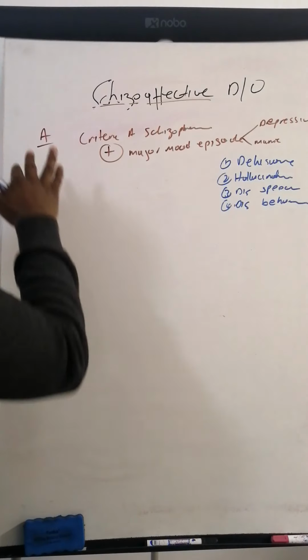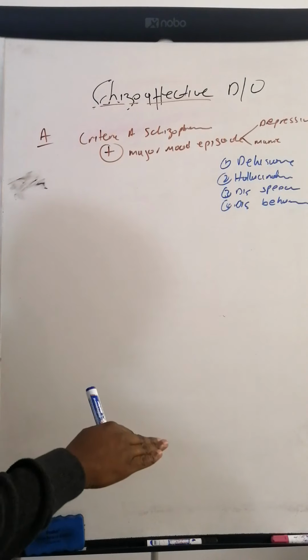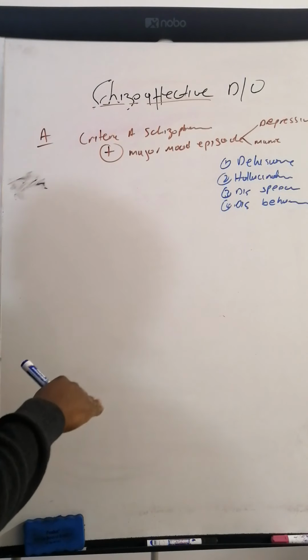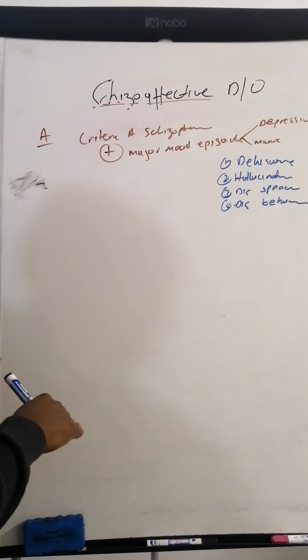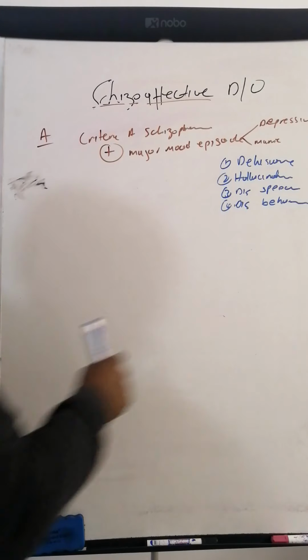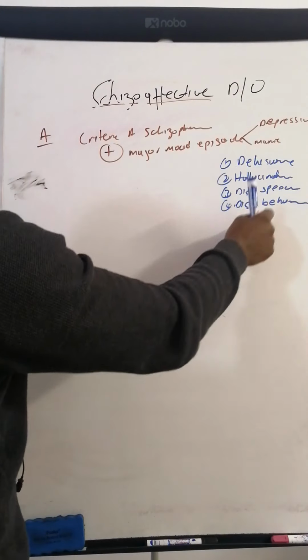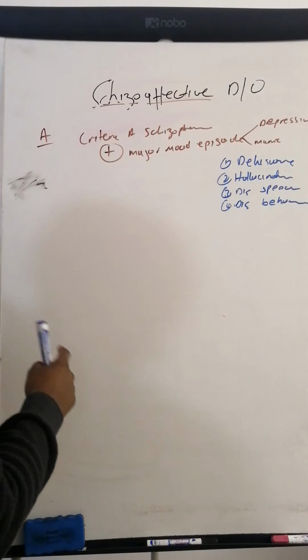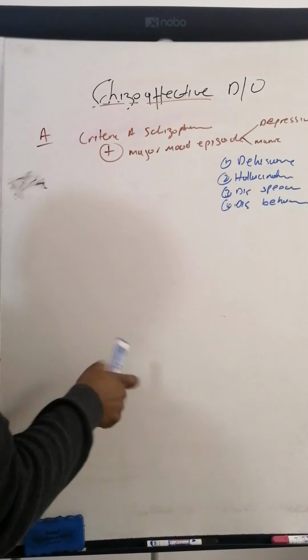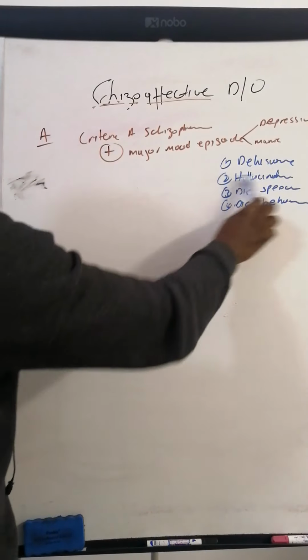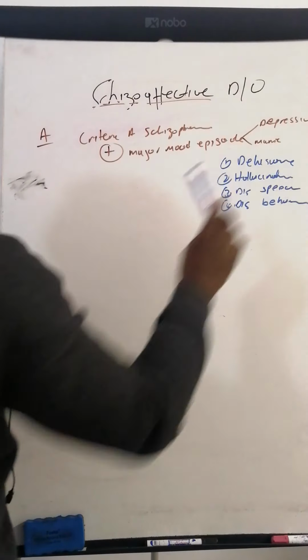This meets criteria A of schizophrenia, because we know that for schizophrenia you need a minimum of two of these symptoms, and one of those two symptoms must be either a delusion or a hallucination or disorganized speech.